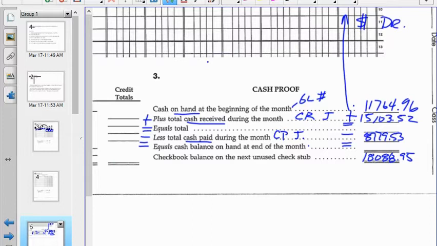Okay? I'm going to take my 11,000 number plus my 15,000 number, and I'm going to come up with about a 26,000 number. We'll look at that exact answer in a second. I then spent about 8,000 of that 26,000, and I should have an 18,000 number. And again, this 18,000 number has got to equal this 18,000 number to make our math work out.